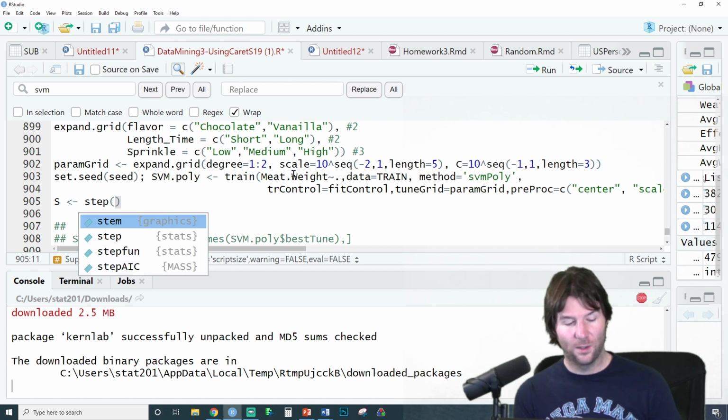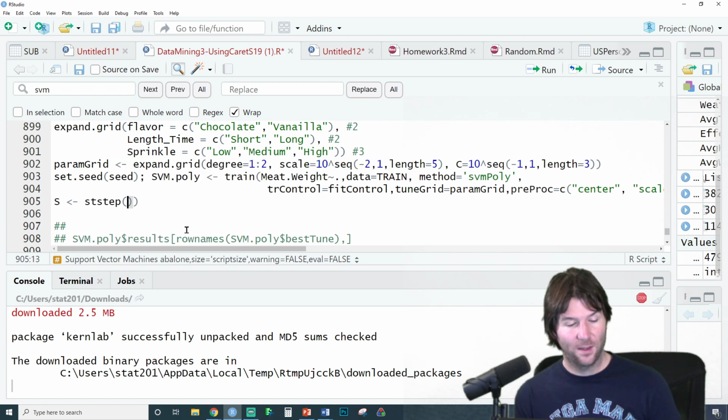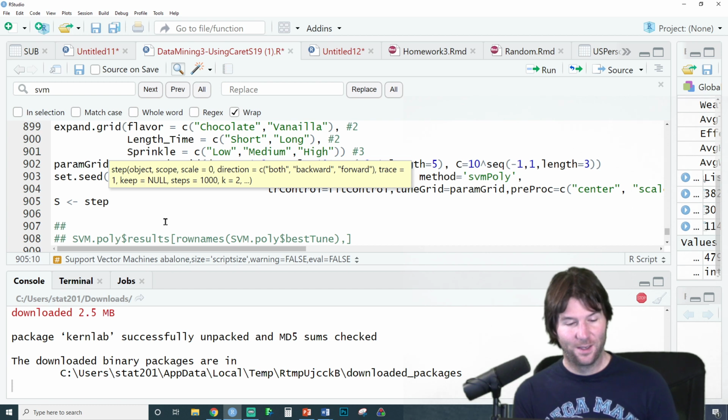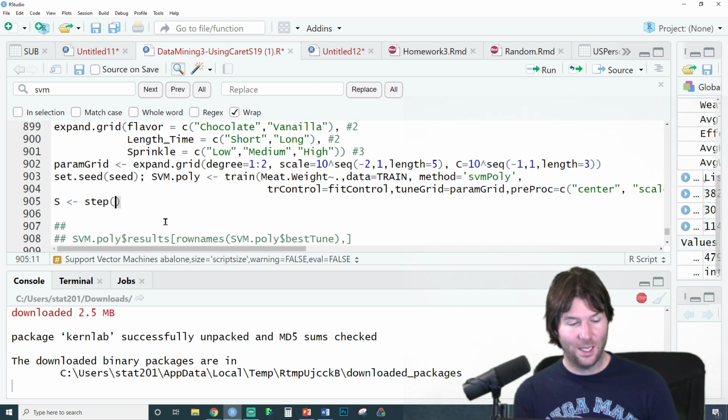And this is a really good computer. Well, oh, there's step. There we go. Step should allow us to make a stepwise model, and I think my computer is just really thinking about this support vector machine. There we go. Step, object, yes.